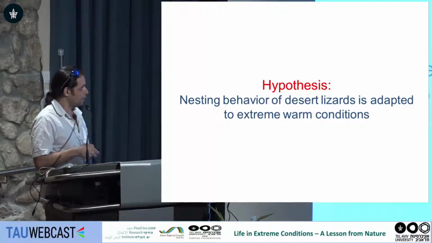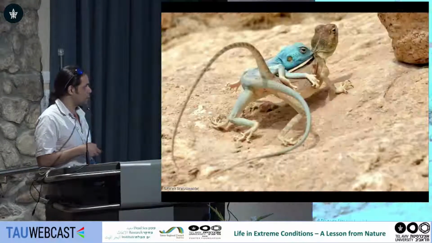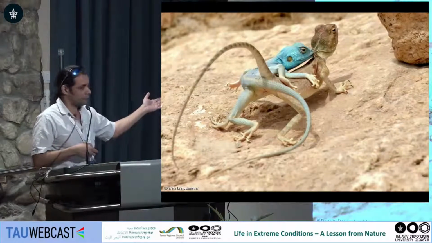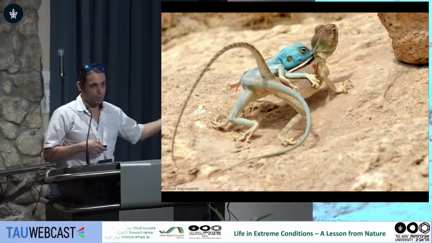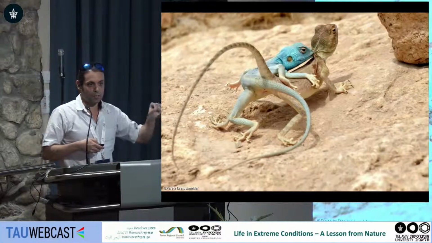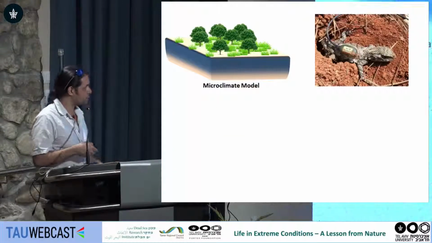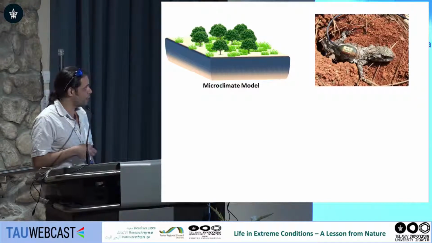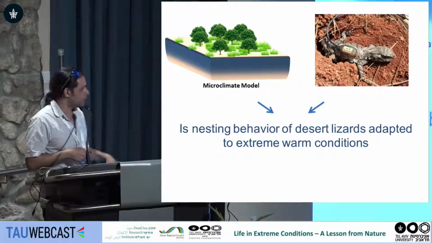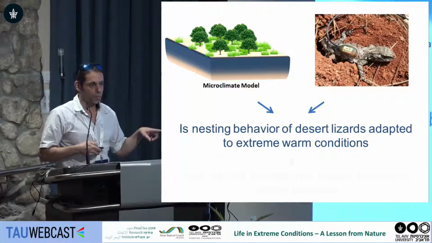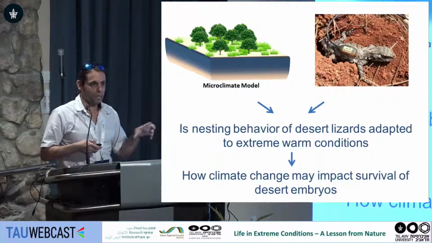The hypothesis is that the nesting behavior of desert lizards is going to be adapted to these warm conditions. So we're going to track the Sinai agama lizard soon, in a month or so. We're going to find them, put radio transmitters on them, track them, and see where they lay their eggs. Once we know where they lay their eggs, we can use a microclimate model to try to figure out whether the nesting behavior is adapted to extreme warm conditions, and then see how climate change may impact the survival of their embryos.